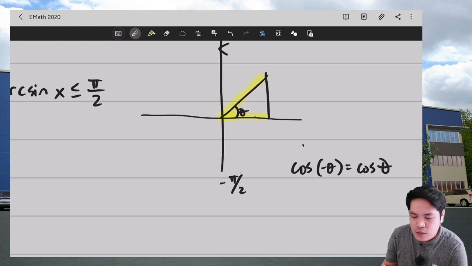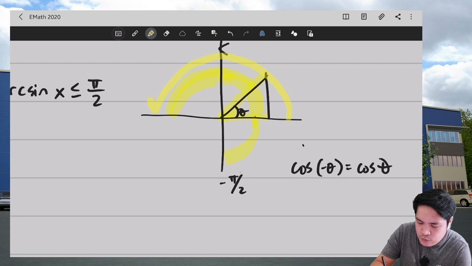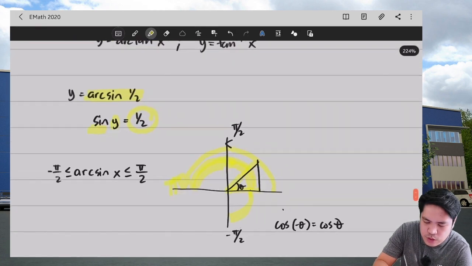So, meaning yung mga angles dito, or cosine of the angles here, are just the same with the cosine of the angles here. Okay? Pero dito, sa supplementary na niya, or the angles here, these are different. So, therefore, for cosine, we'll start from 0 up to this angle here, which is pi, or 180.